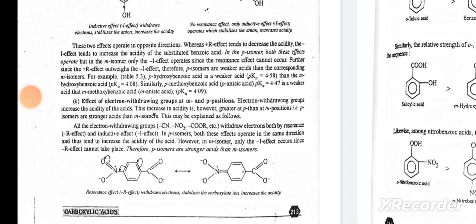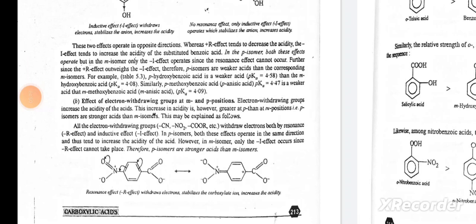Further, since the plus R effect outweighs the minus I effect, para isomers are weaker acids than the corresponding meta isomers. For example, in Table 5.3, para-hydroxybenzoic acid is a weaker acid than meta-hydroxybenzoic acid. Similarly, para-methoxybenzoic acid is a weaker acid than meta-methoxybenzoic acid.